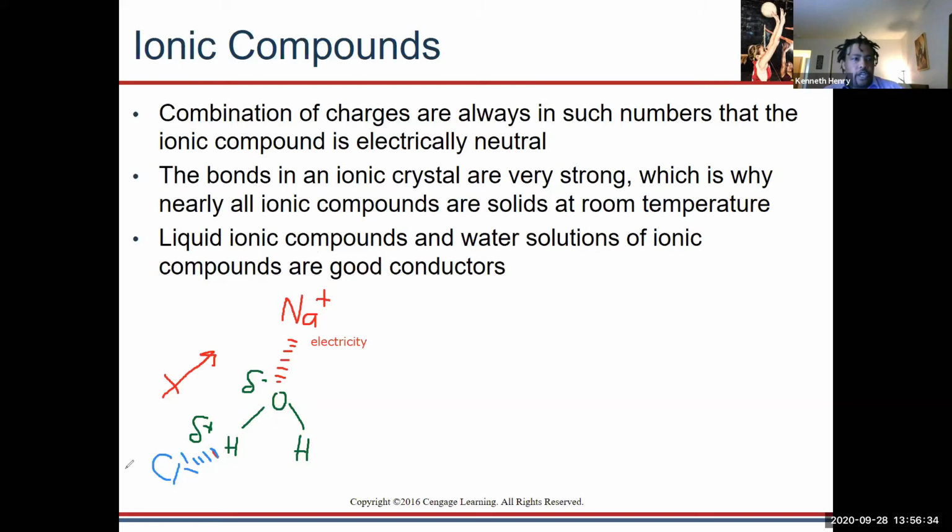So it'll get a flow of electrons through that solution by that interaction, like a domino set, right? You hit one, it hits the other one, until it hits the other metal post. And I'll show you an image of it in a second. So this happens when we're in an aqueous solution or in a water solution, or when we melt that ionic compound.